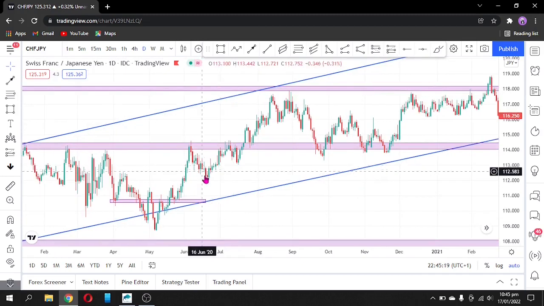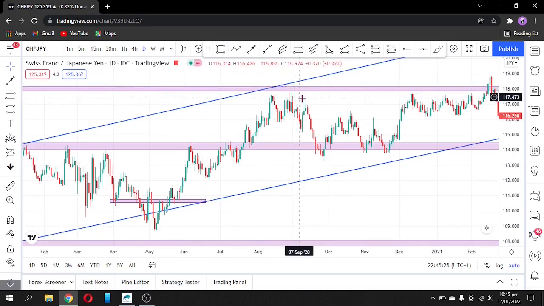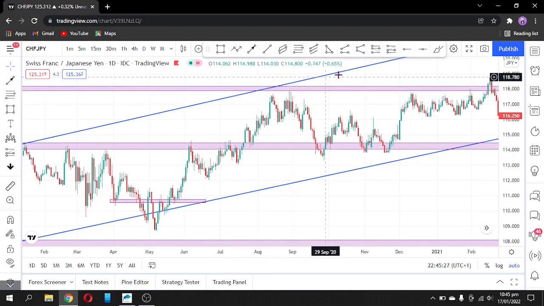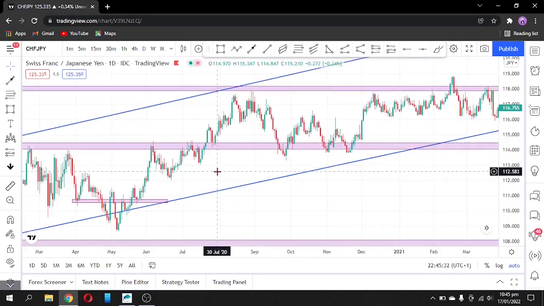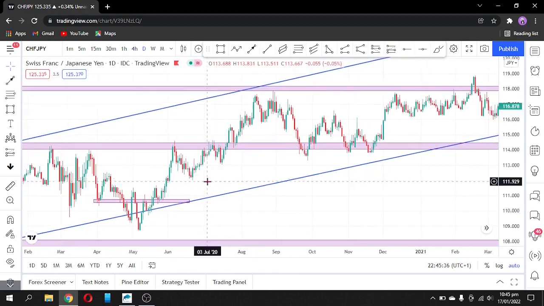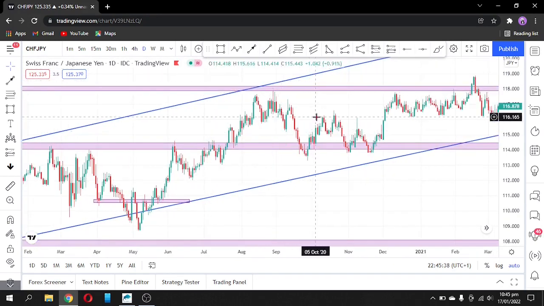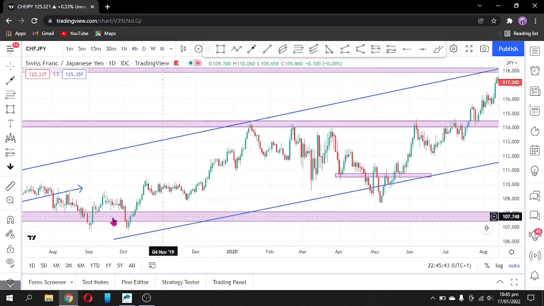Then price made a little pullback and then continued pushing up to the next resistance level above it. And as you all know, price moves in swings, so it will be making higher high and higher low. This is what the market has been doing since this double bottom here.